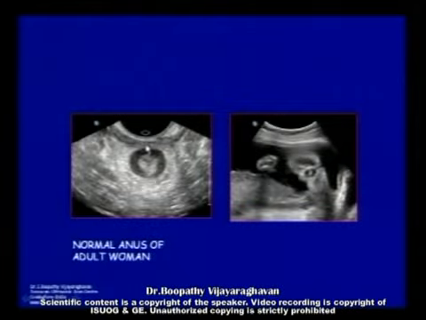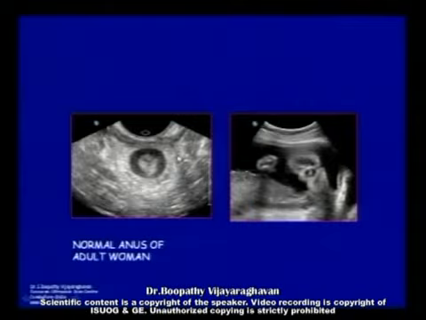So that is the nice anus of an adult woman seen with the endovaginal scan, and that is the similar appearance you get in the fetus. The echopoor ring is produced by the internal sphincter complex, and the central echogenic dot is the lumen with the mucus and the mucosa.